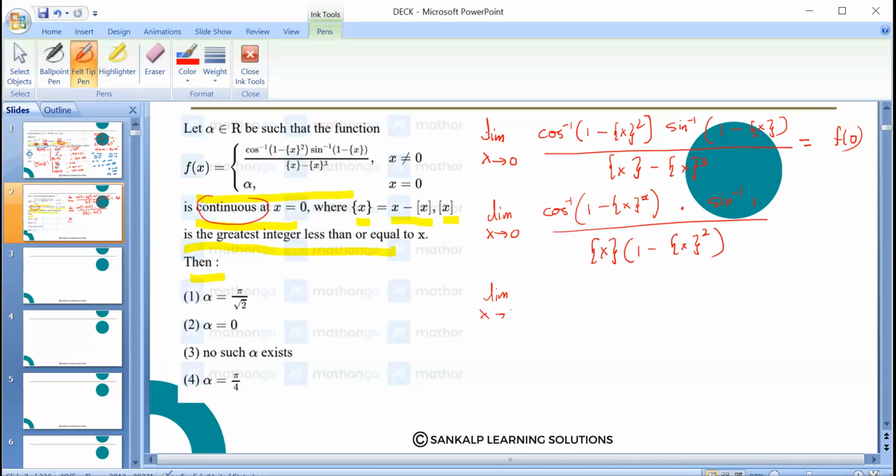So limit as x approaches 0, cos inverse of 1 minus x square into sin inverse of 1, which is pi by 2, by x. 1 minus 0 will be 1 only. In the denominator, you can just keep x.